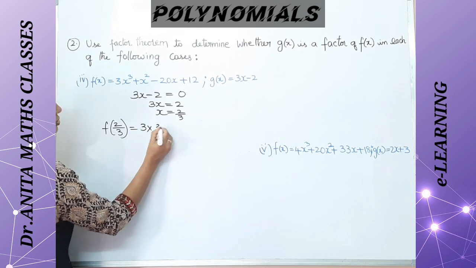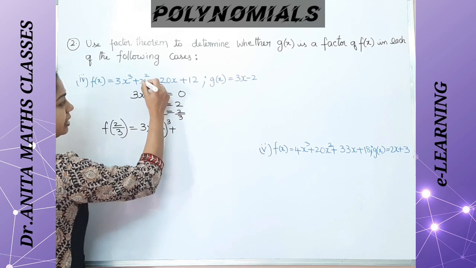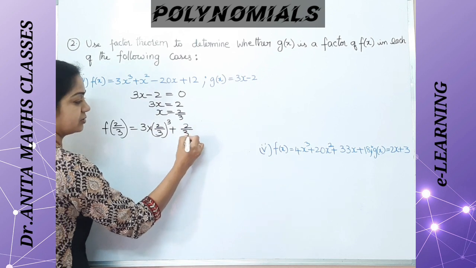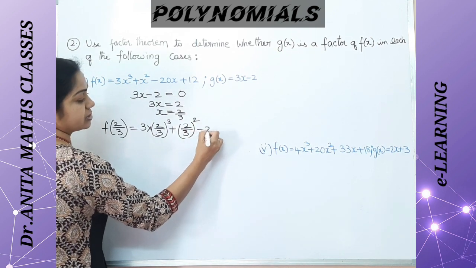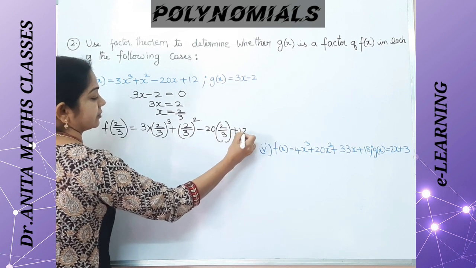3 into (2 upon 3) whole cube plus x square, which is (2 by 3) whole square, minus 20 into 2 by 3, plus 12. Okay.